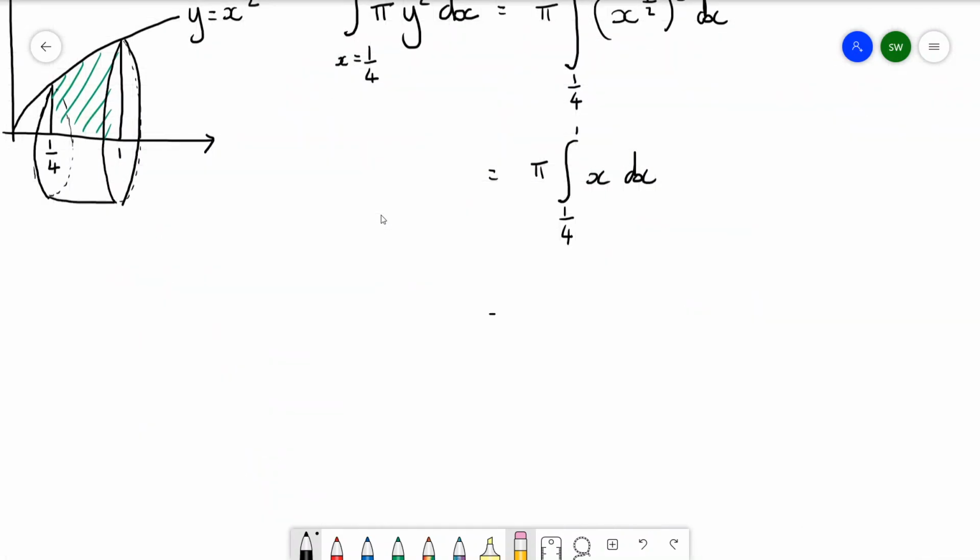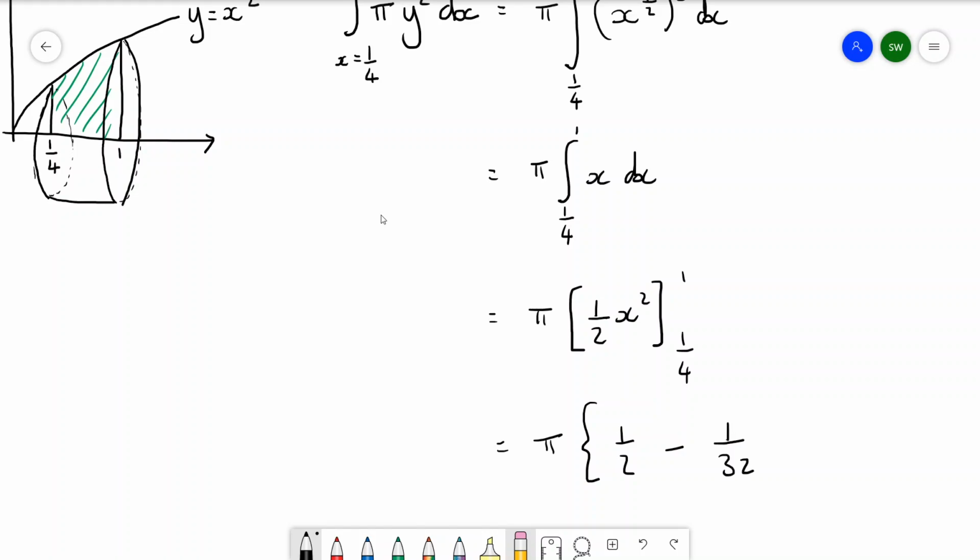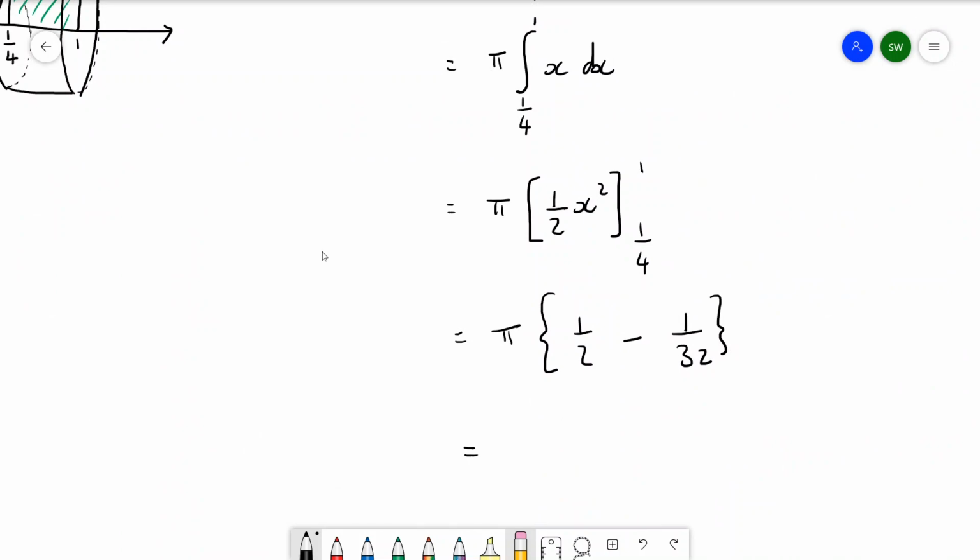So if we integrate that, we're going to have pi times by a half x squared between 1 and a quarter. So we're going to have pi times by, sub in the top limit, a half, minus sub in the bottom limit, 1 over 32. So our volume of that green area, when we rotate that green area, is going to be 15 over 32 pi.